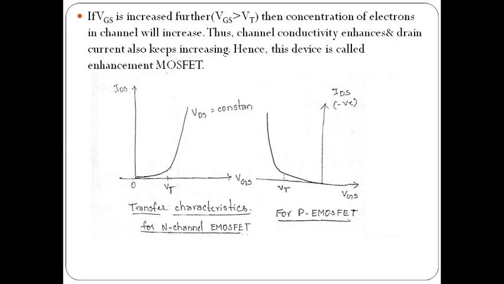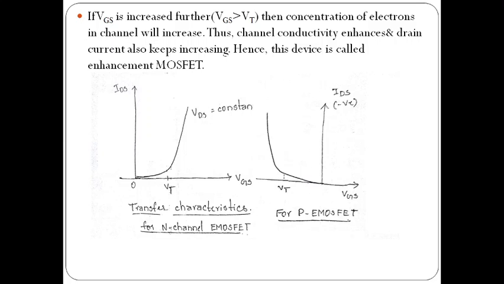So we can say from this, the gate voltage must be positive to create the channel in the N channel enhancement MOSFET. So VT is positive in the N channel enhancement MOSFET. VT is negative for the P channel enhancement MOSFET. Before the threshold voltage, the current is very small or negligible with respect to VGS.